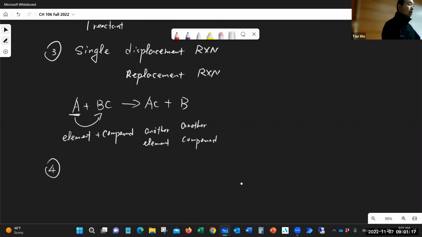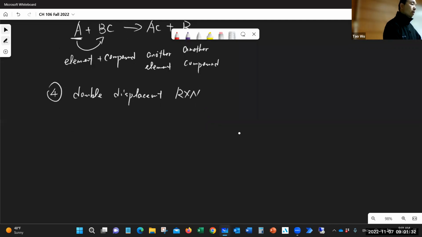Second last is called the double displacement reaction. That's going to be AB plus CD, and then they're going to form AD plus CB.